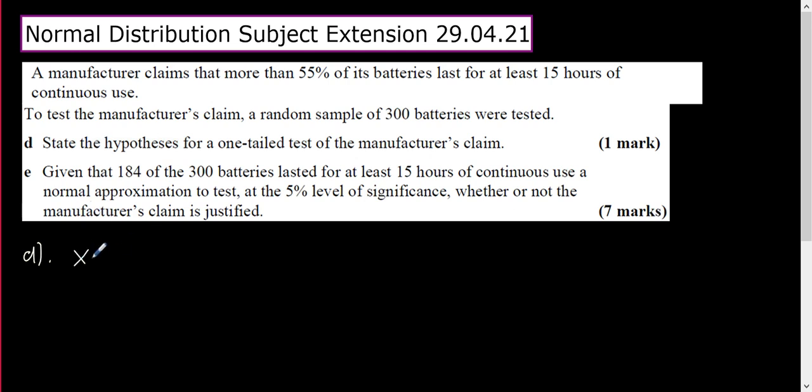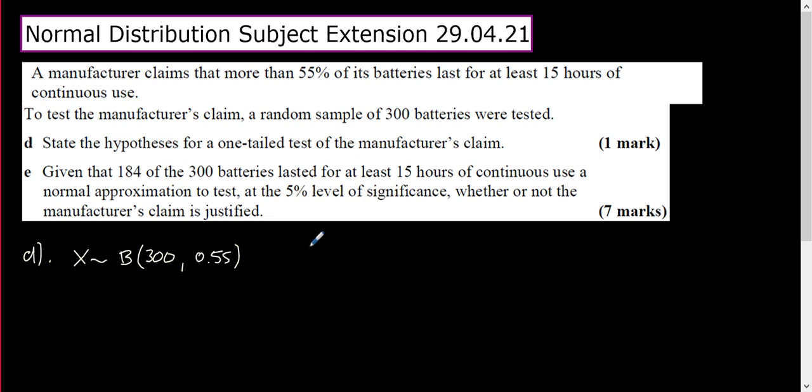Well, we've got this distribution, X, which is binomial. We have a random sample of 300, so our n is 300, which is quite a large number, which is good for our approximation. And our probability of success is going to be 0.55, which is the 55% of batteries that the manufacturer claims. So that's our distribution.